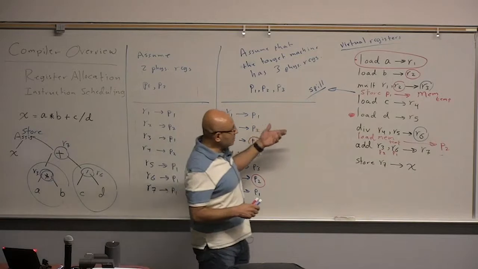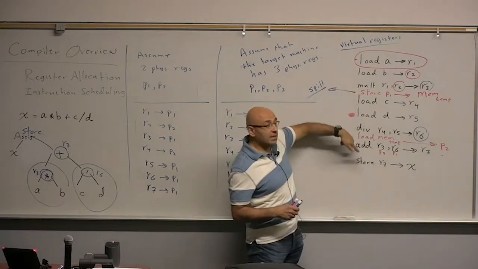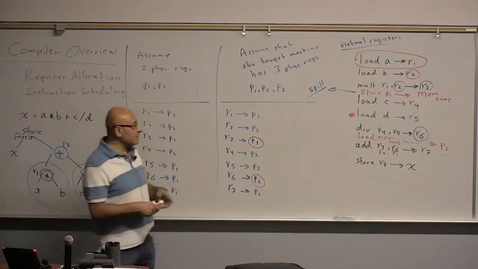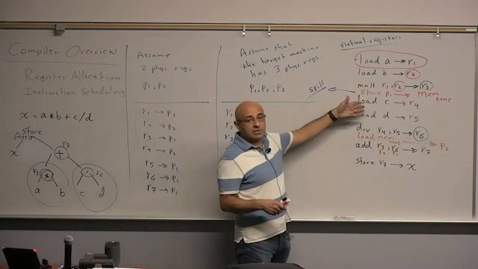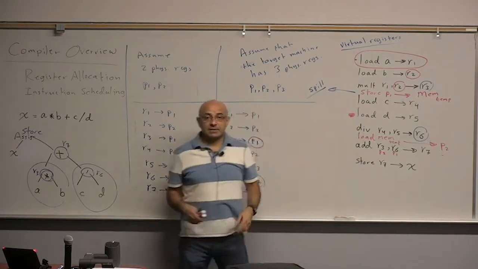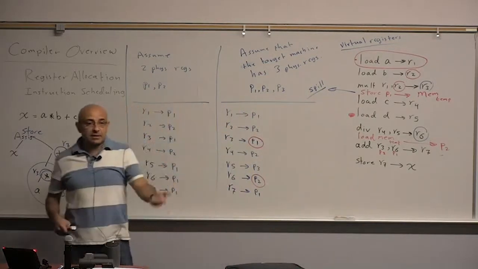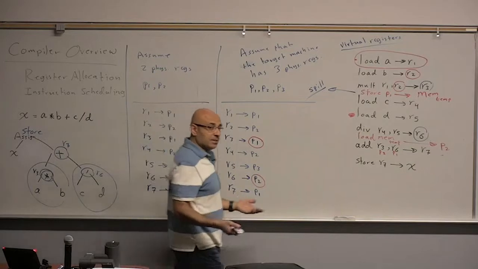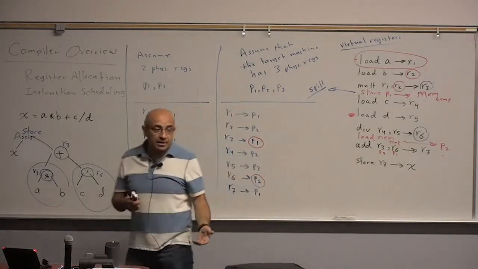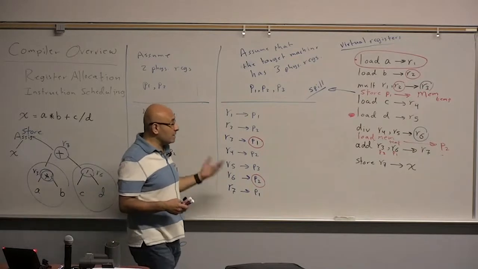And obviously, these stores and loads that we are adding, that we call spill code, are going to slow the execution. We are adding instructions. These instructions are going to be using machine resources. They will use functional units, and they will be using the memory system.